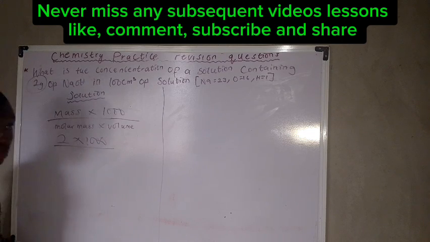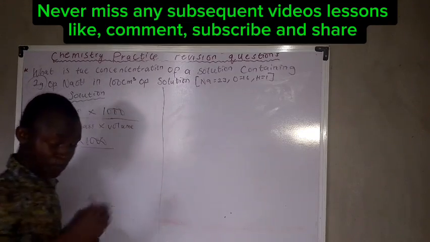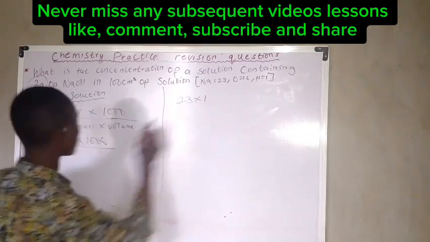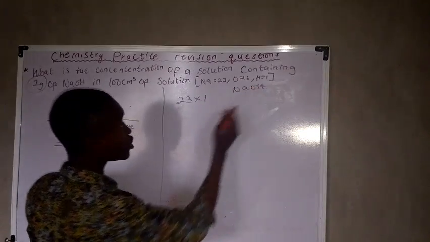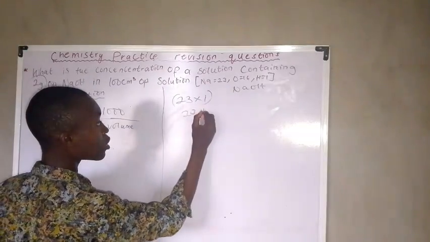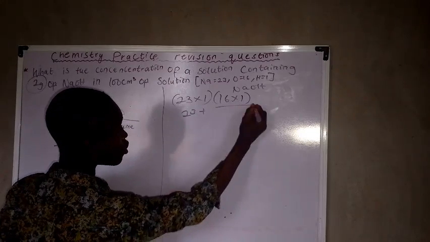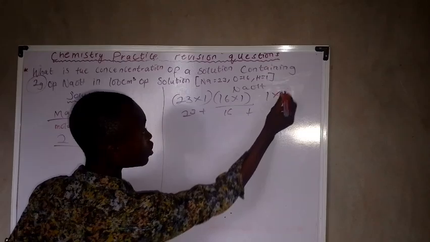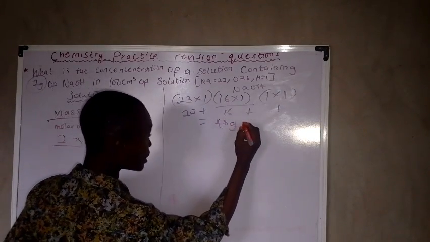We haven't got our molar mass. Let's quickly solve our molar mass. Sodium has a mass number of 23 times 1, because there is no subscript in sodium hydroxide. 23 times 1 is 23, plus oxygen, 16 times 1 is 16, plus hydrogen 1 times 1 is 1, so it's going to be 40 grams per mole.